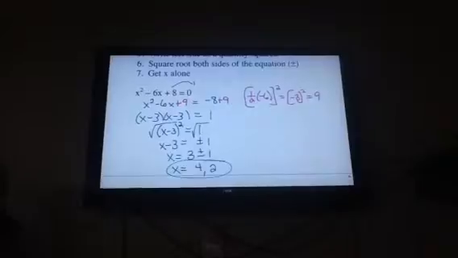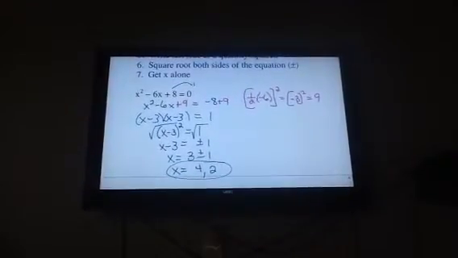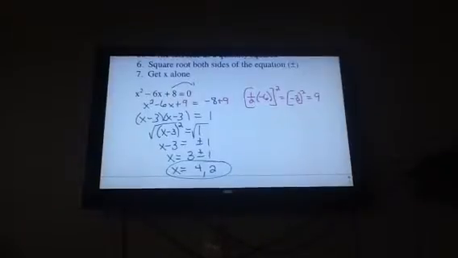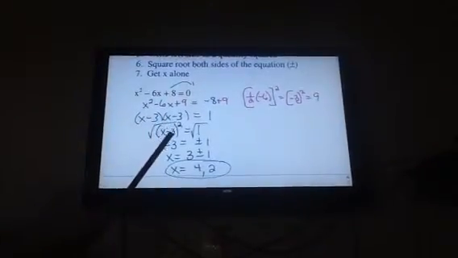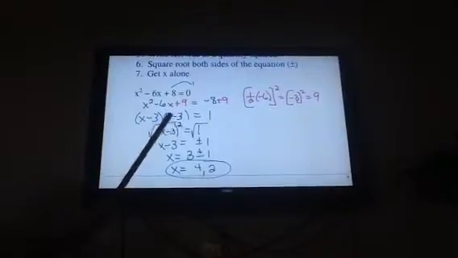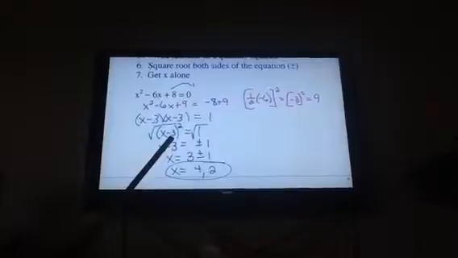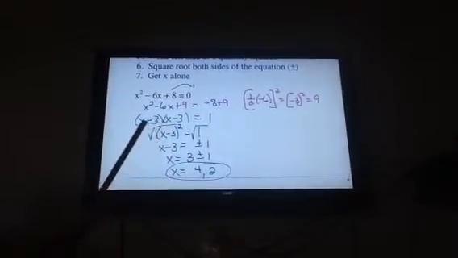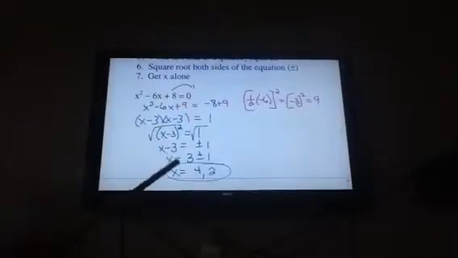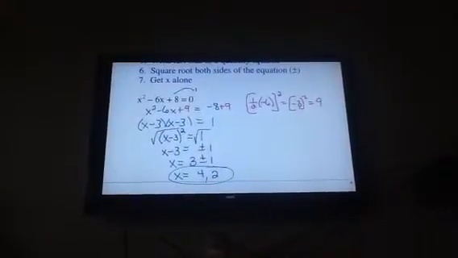Okay, a question about that so far? A couple things I want to point out. Here and here, where you factor and then write it as a quantity squared, once you get to know these well enough, I don't care if you skip the step where you factor and then write it as a quantity squared, because they're always going to be the same.